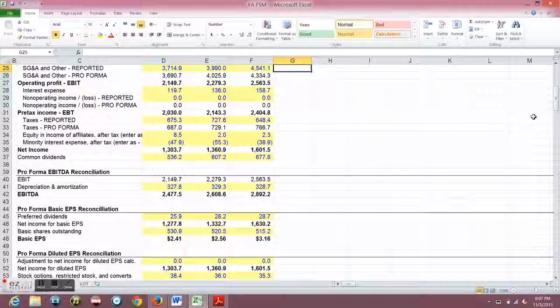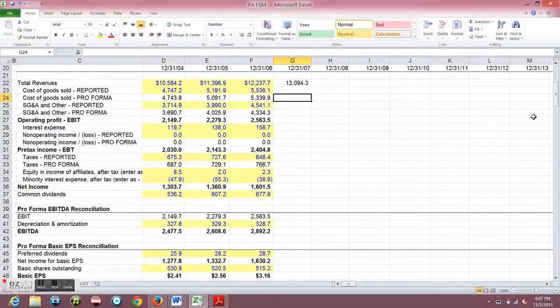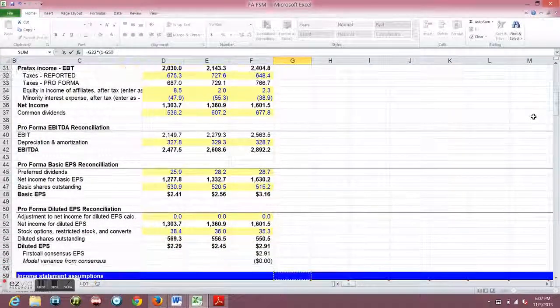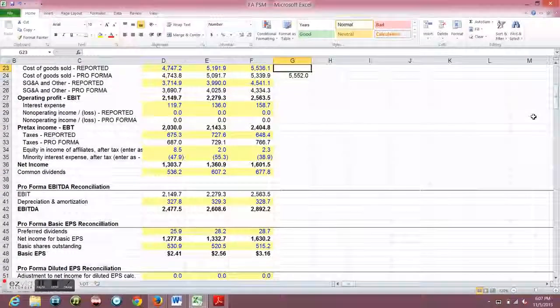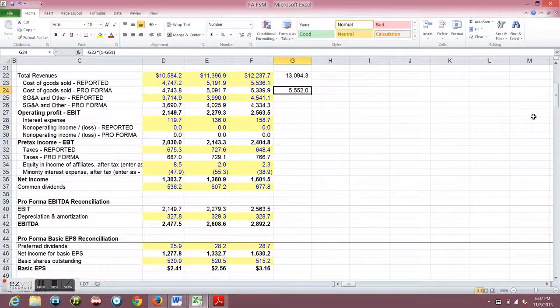We're going to take our revenue and multiply it by 1 minus our gross profit margin, and basically we're going to find our COGS margin, if you want to say so. And here it is, 55.52, which makes sense, flows together well.